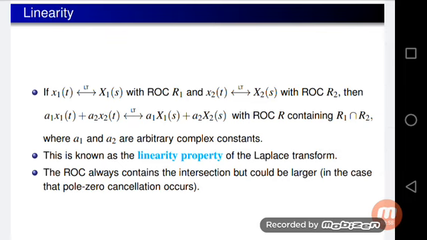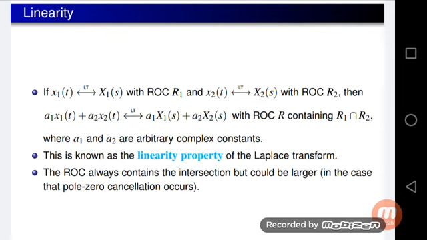Next one is linearity. This is known as the linearity property of the Laplace transform. What is linearity? It means signals propagate continuously without distortion, where a1 and a2 are arbitrary complex constants.